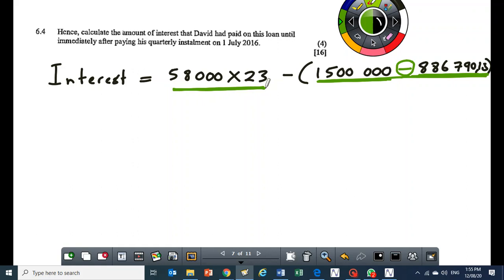The amount borrowed is 1,500,000. The balance outstanding includes the amount which included the delay in payment. So, if we want to know how much money the person has paid off from the 1,500,000, we need to find the difference between these two.